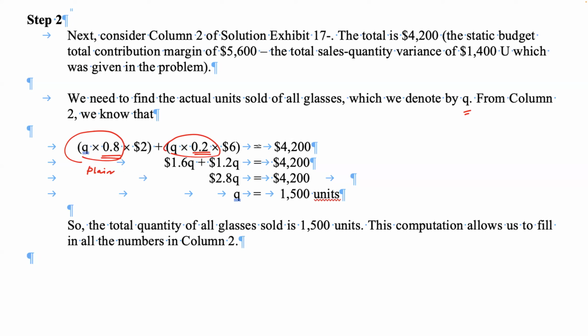Together, this is going to be my budgeted contribution margin of actual units sold, right? So why is it 4,200? Why is 4,200?